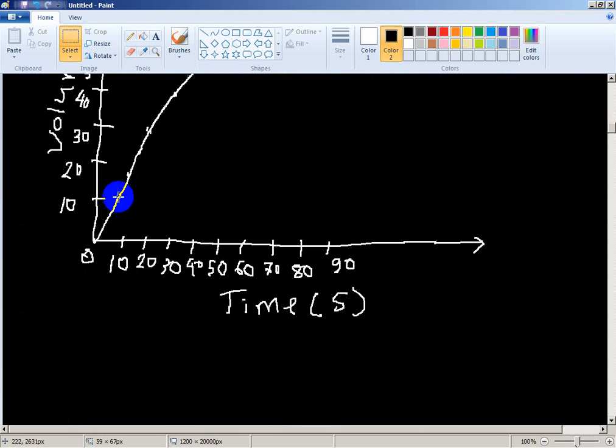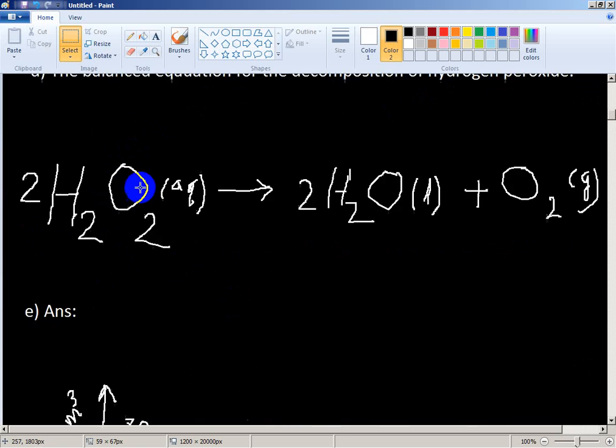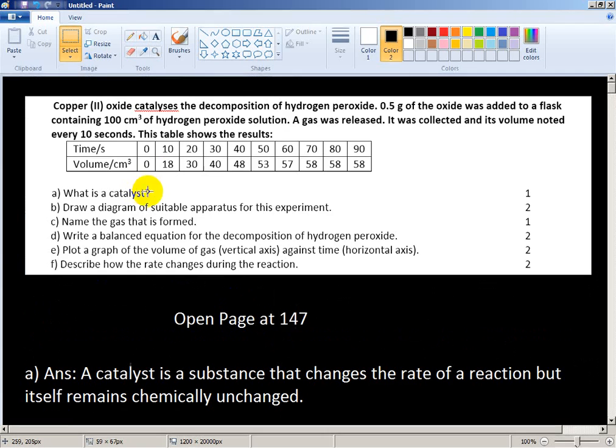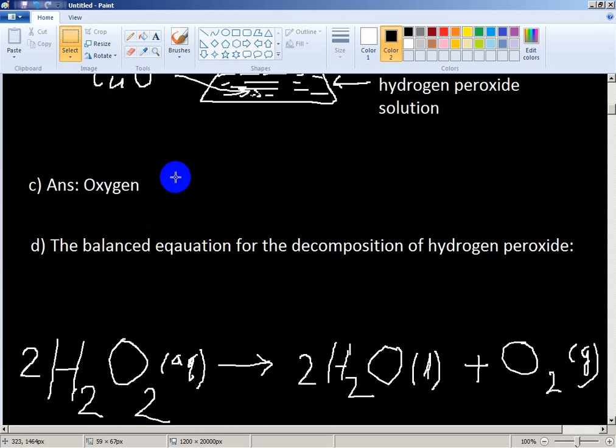No, where is it the most? From 0 to 18 it is more, and from 18 to 30 it is 12. Yes, so in the first 10 minutes was the fastest reaction. Okay, so you write first 10 minutes.